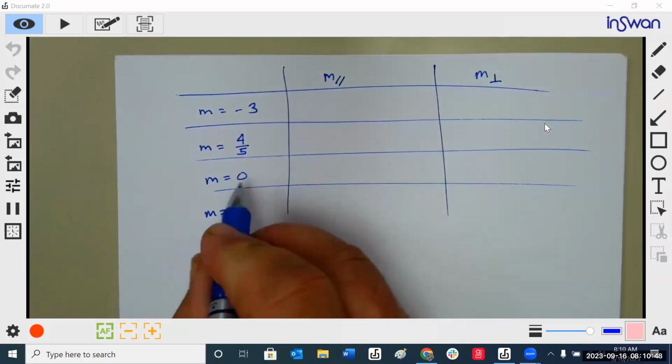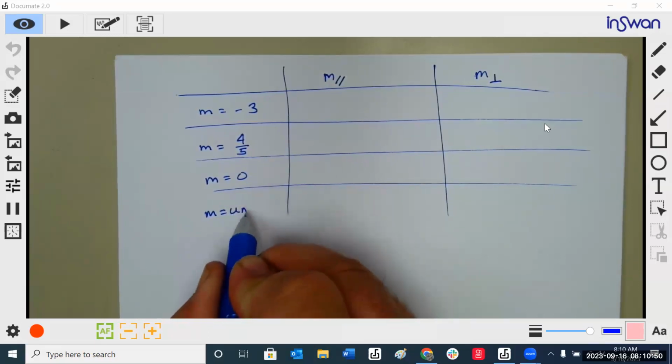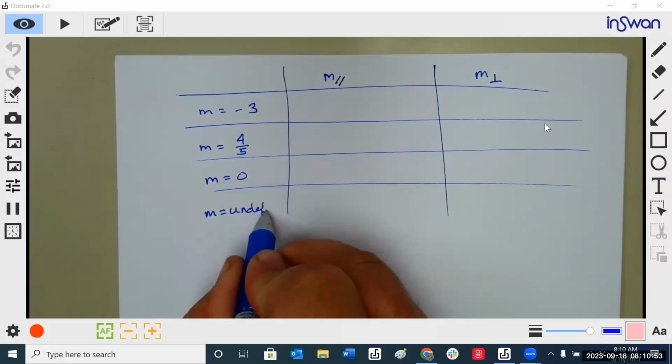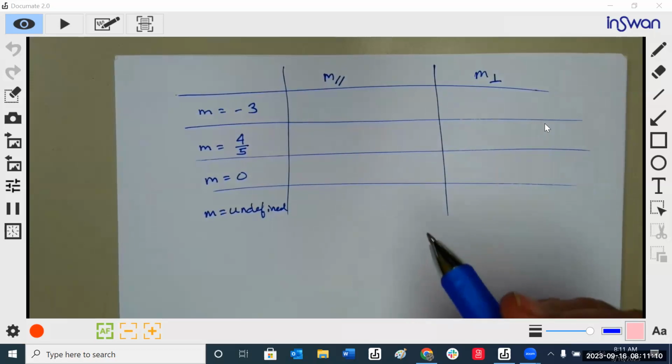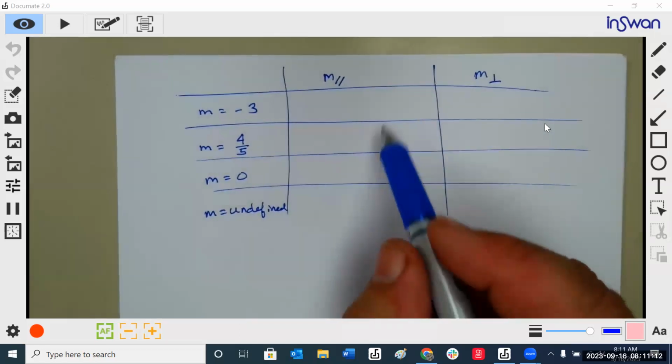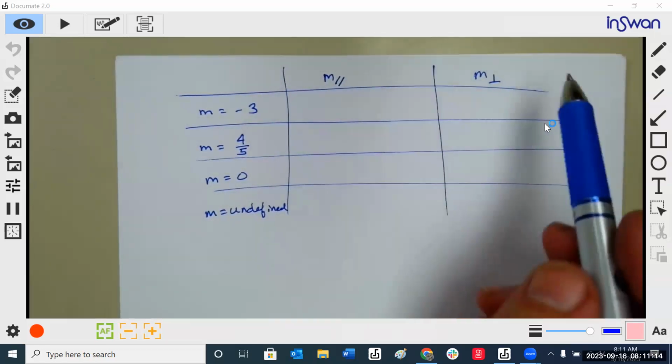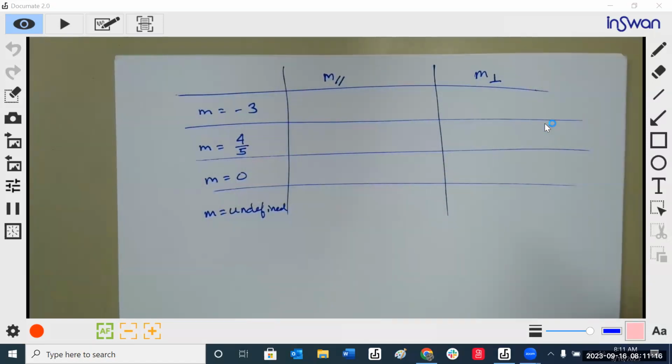And here we have the four types of slopes. I want you to tell me the slope that's parallel and the slope that's perpendicular to it.